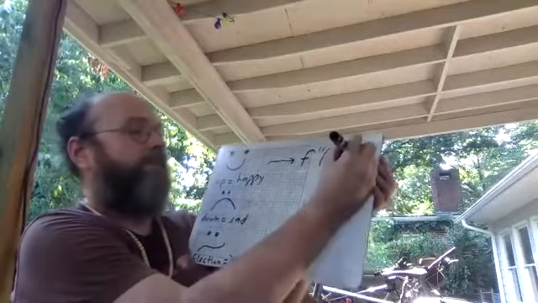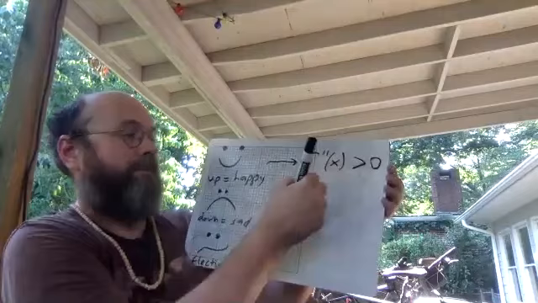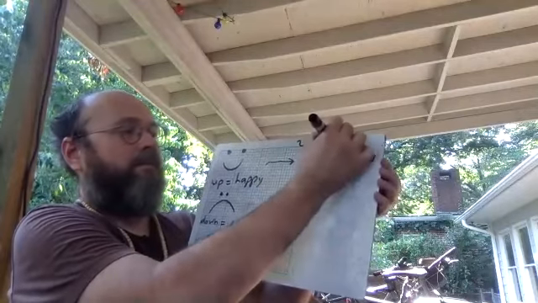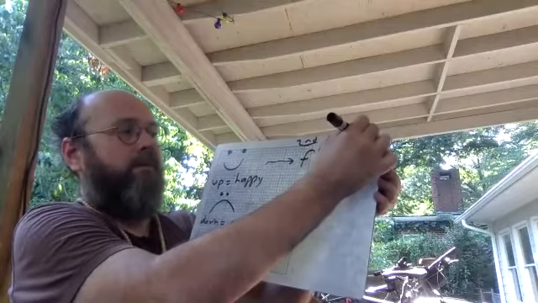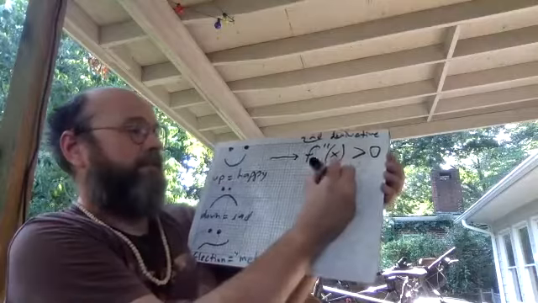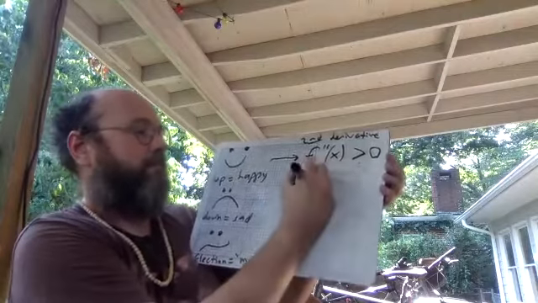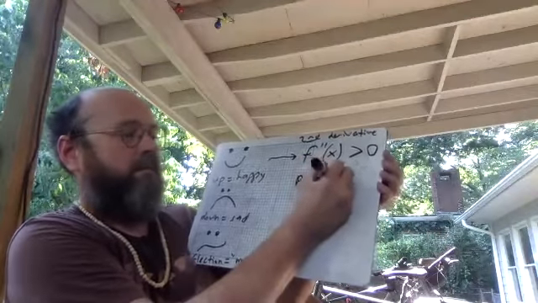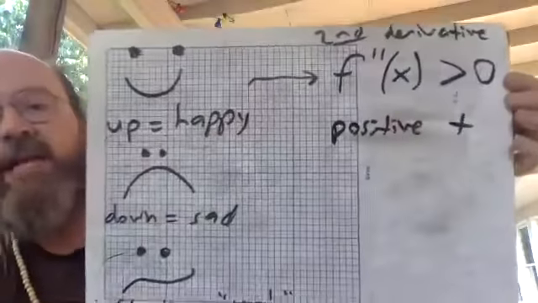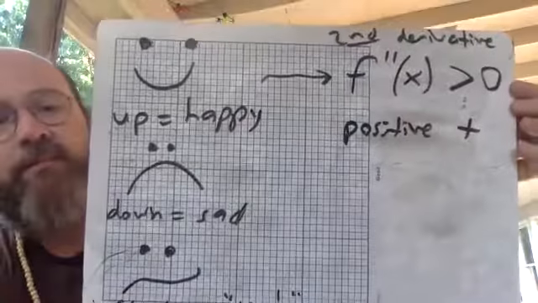But in general, if the second derivative is greater than 0, that is, the second derivative is positive, then the function is concave up at a point or on an interval.